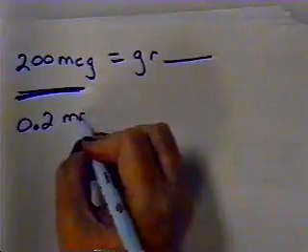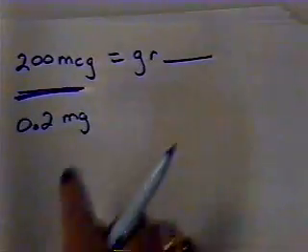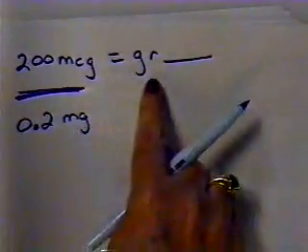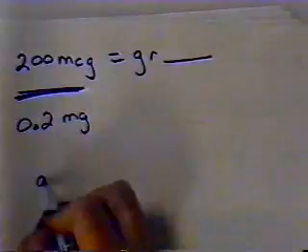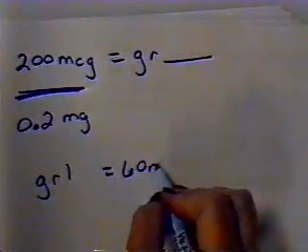So I'm really converting 0.2 milligrams. Now I have a conversion from milligrams to grains. 1 grain is 60 milligrams.